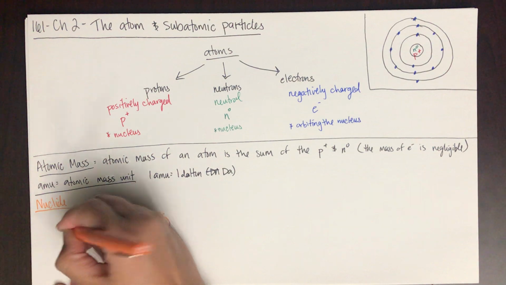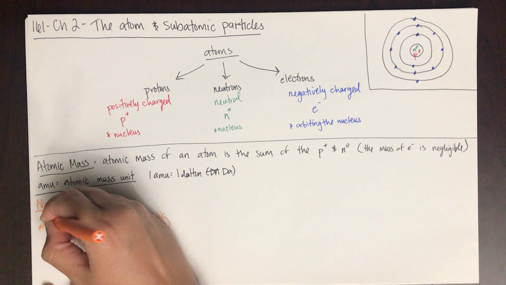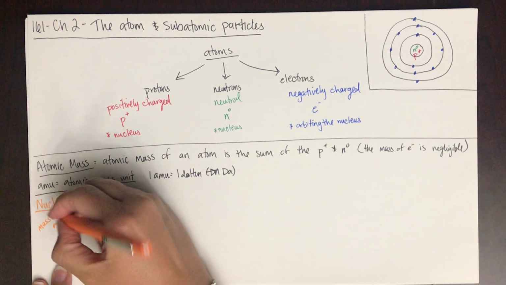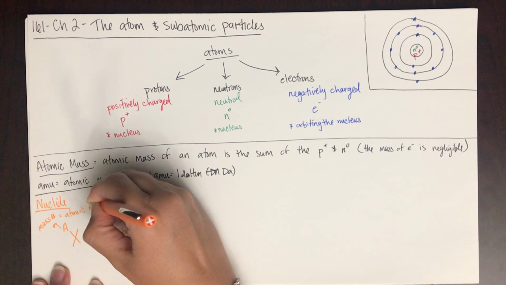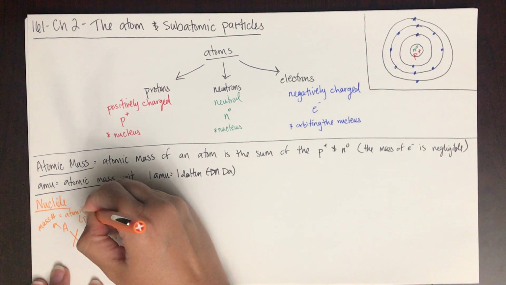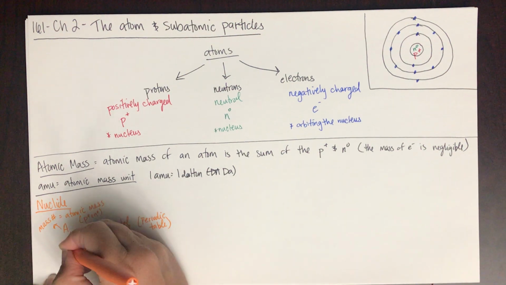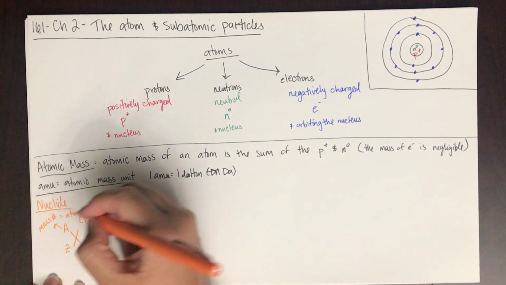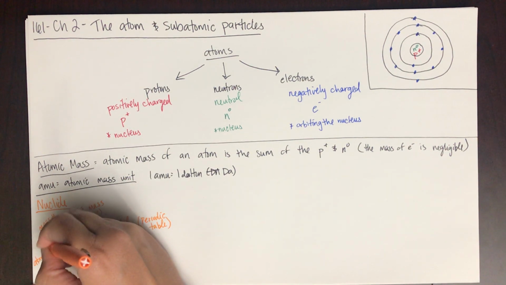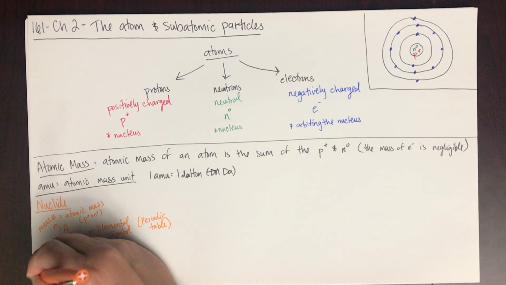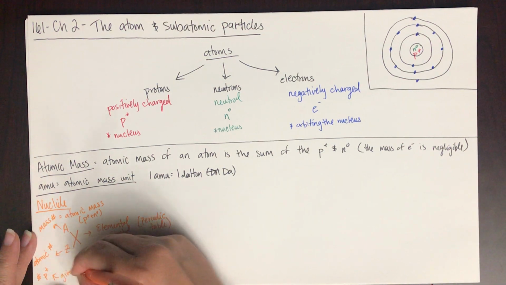Then we have A up here, which is the mass number. The mass number is the atomic mass, which we said was the sum of protons plus neutrons. Down here we have what we call Z. This is the atomic number. The atomic number is just the number of protons. This is what gives an atom its identity.